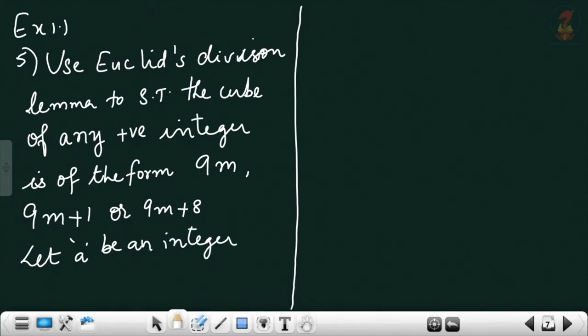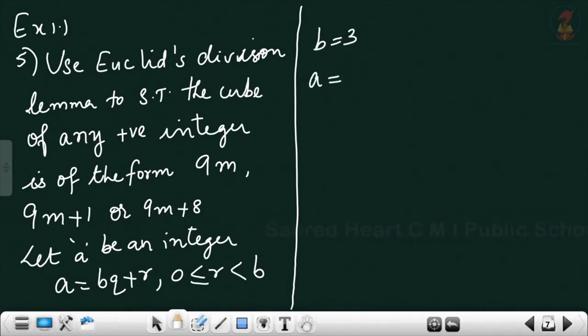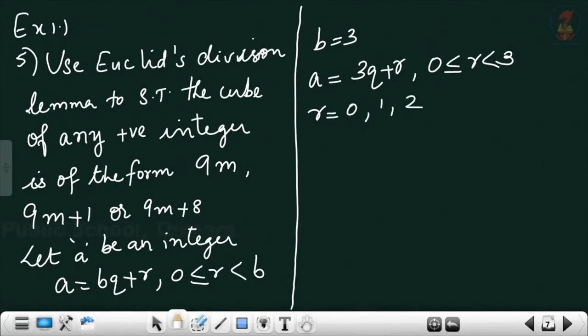Using Euclid's division lemma, we can write a is equal to bq plus r, where 0 less than or equal to r less than b. Take b as 3. So, a is equal to 3q plus r, where 0 less than or equal to r less than 3. So, r can take values 0, 1 and 2.